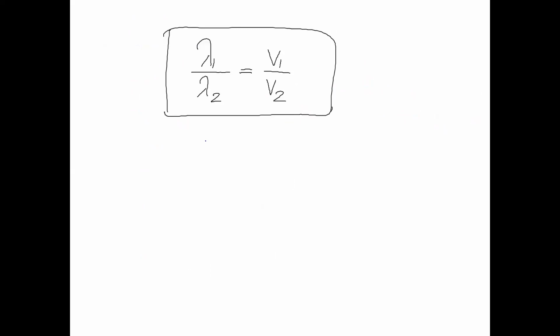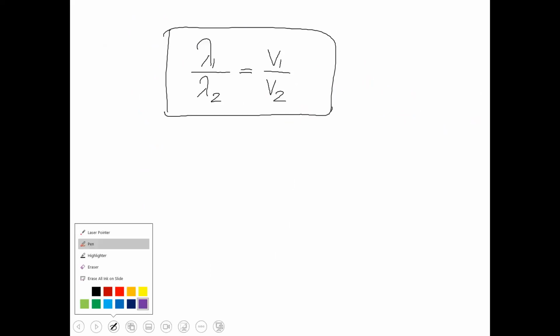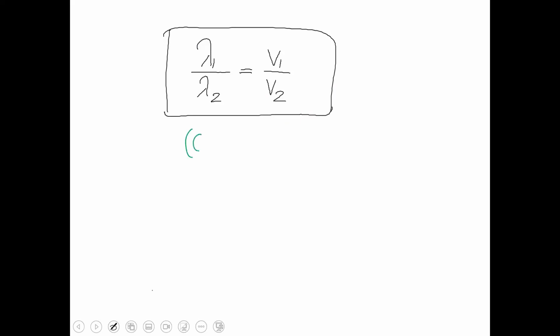Now look at this formula which I have combined: lambda 1 upon lambda 2 is equal to v1 upon v2. You have to copy this.